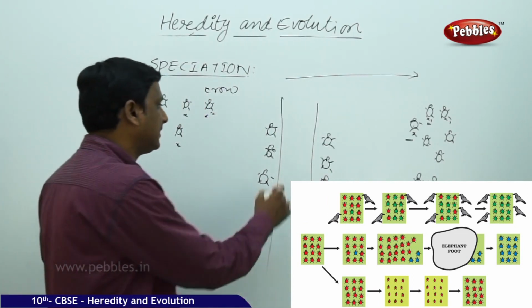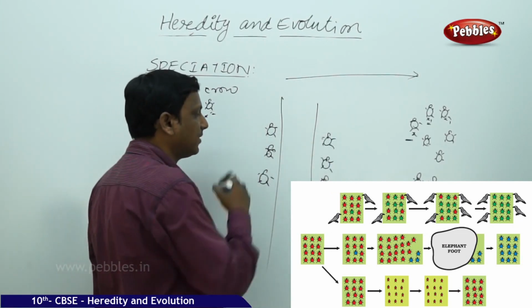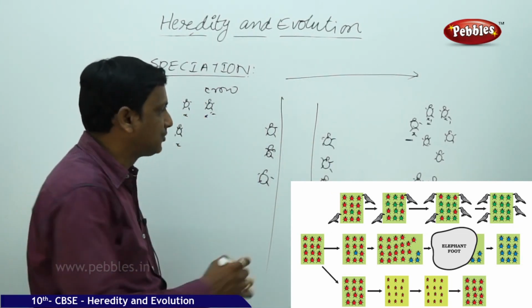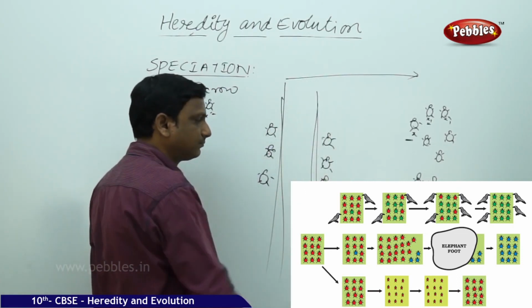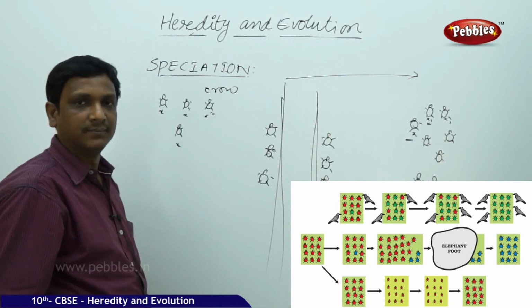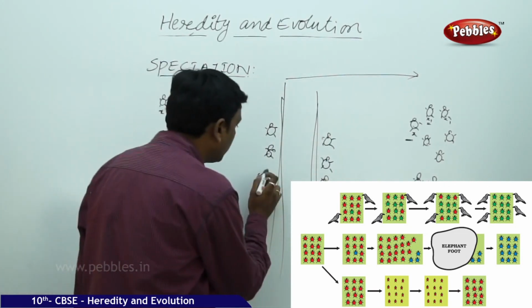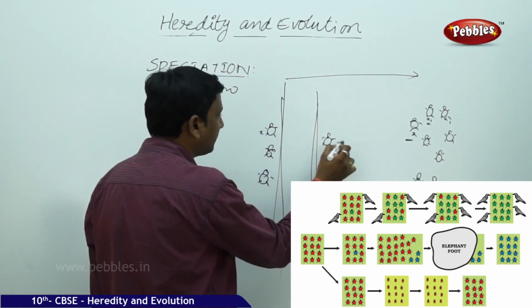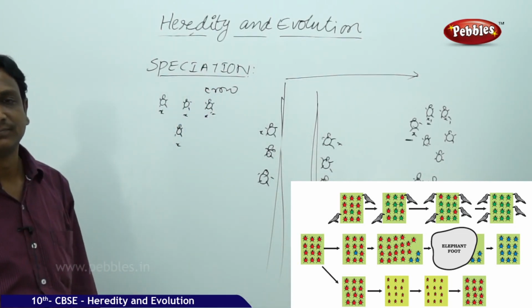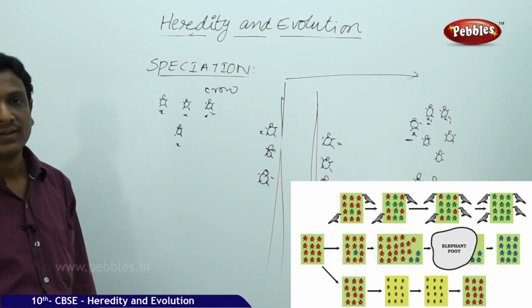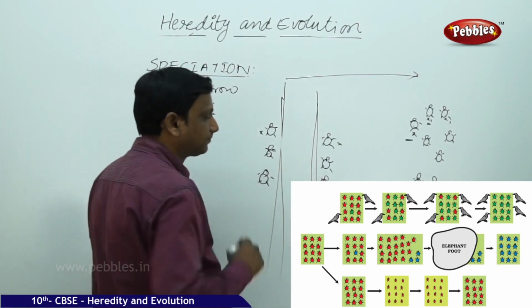So there is no possibility of these beetles going here, or those beetles going there. Actually, earlier all the beetles were the same group, but suddenly a river came, because of a flood or something. It divided the same group, X, into two by the river.